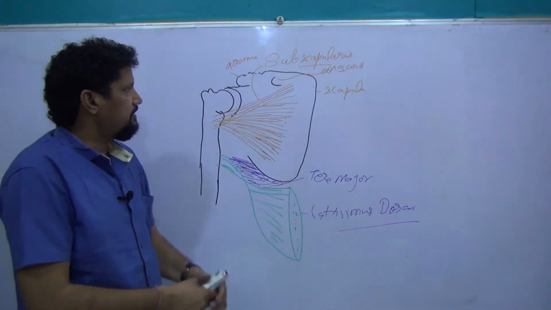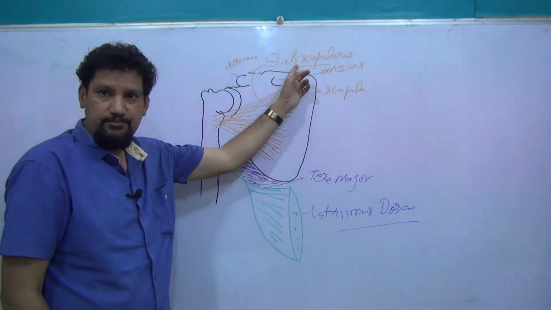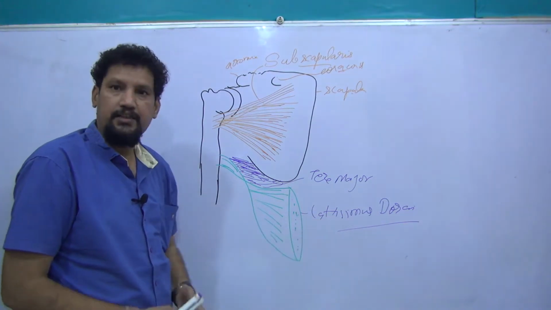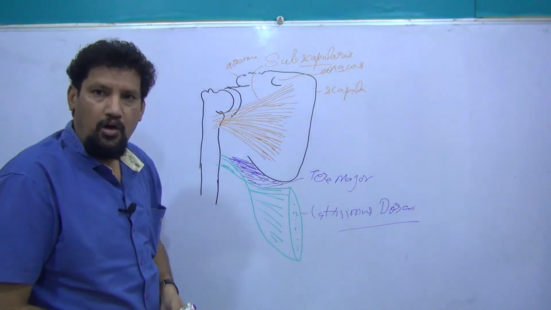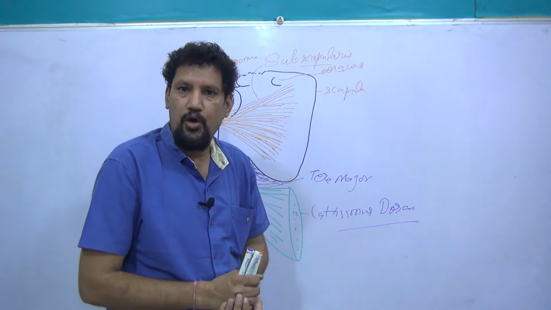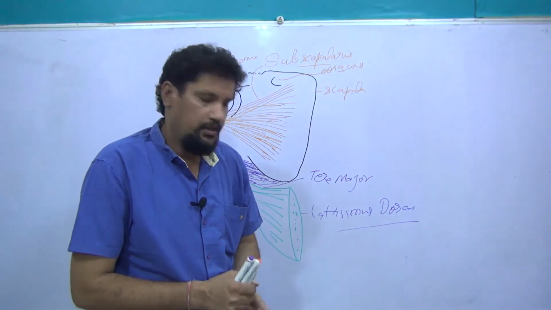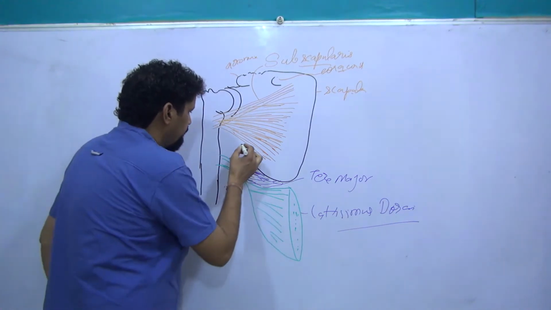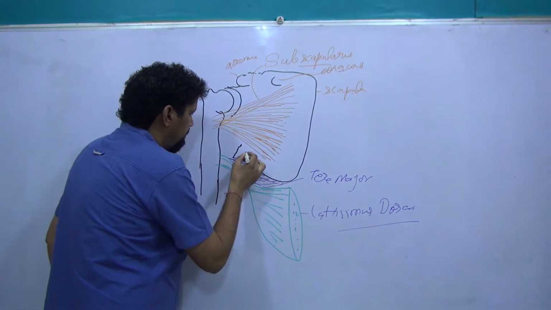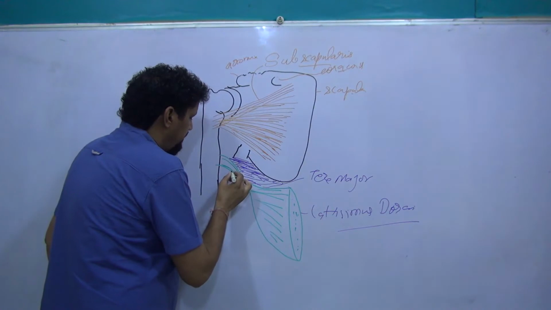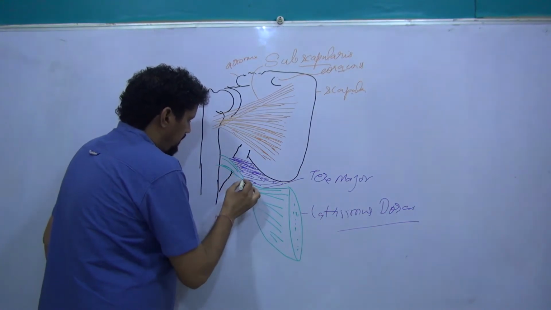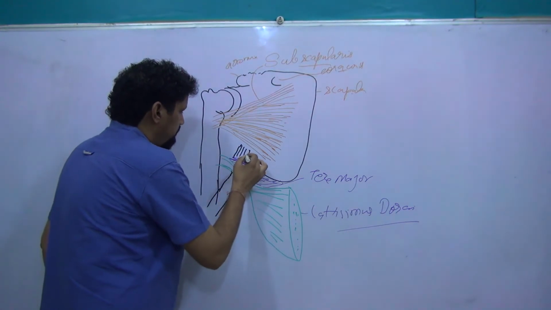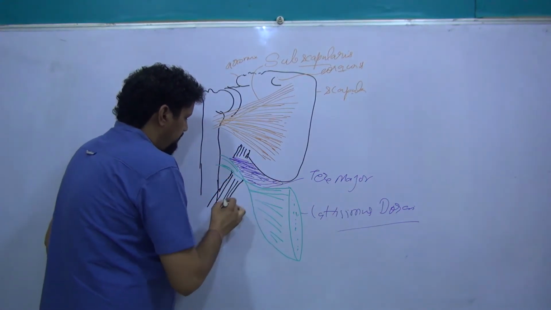So these three muscles, the subscapularis, the teres major, and the latissimus dorsi, all are forming the posterior wall of the axilla, and it is forming an important relation with the posterior cord of the brachial plexus.